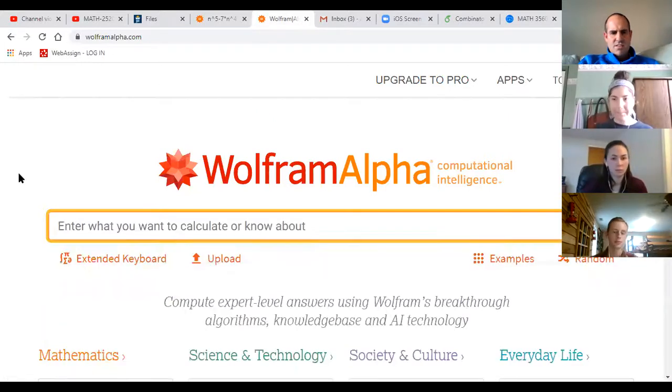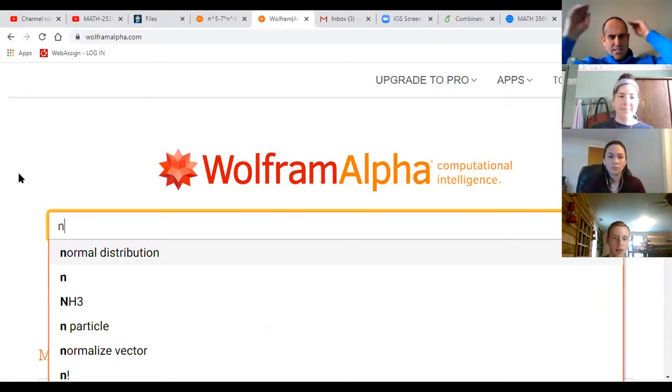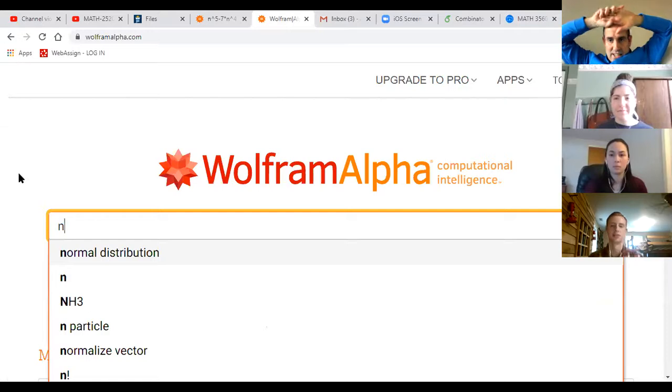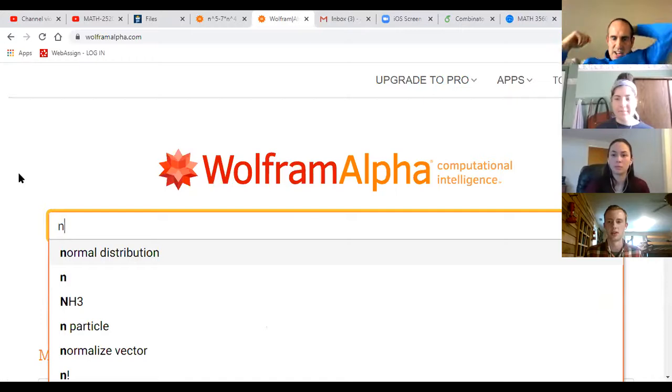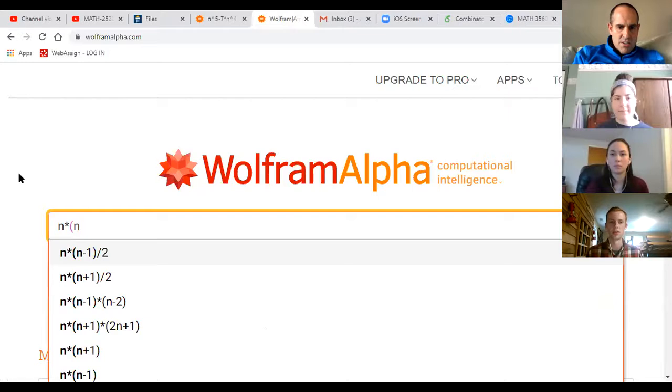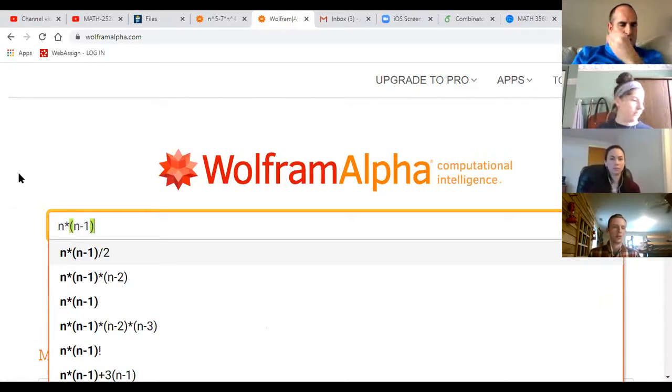Okay, so let me draw a picture of how I labeled. And I talked about this in office hours one day, didn't I? Ellie asked me about it, I think. Yes. And what did I tell her to split it up into? It was like n times n minus 1 quantity.